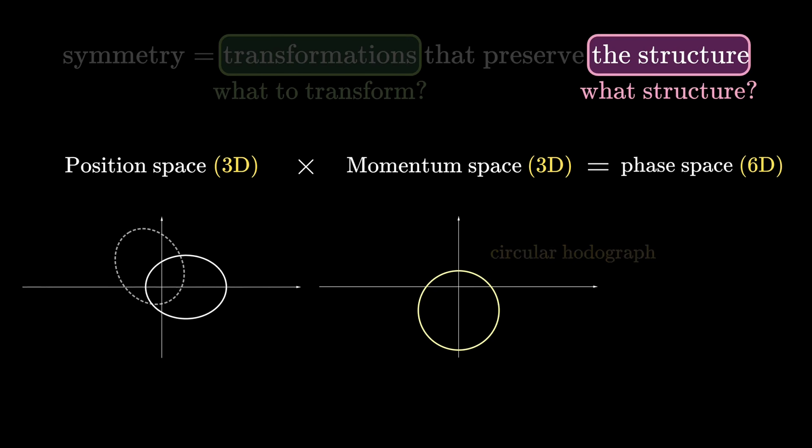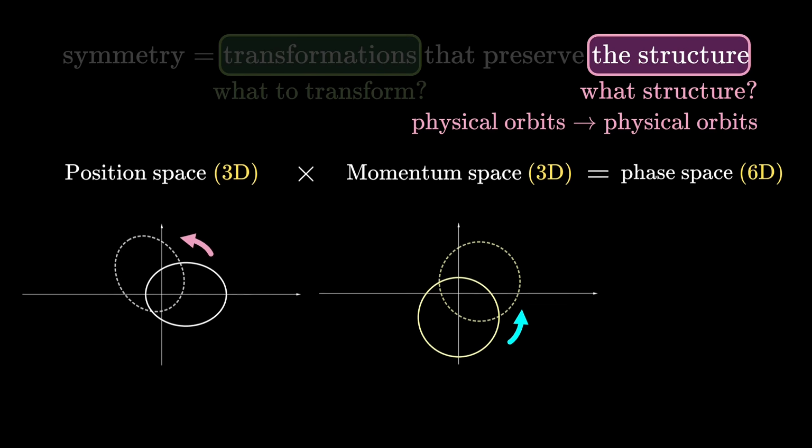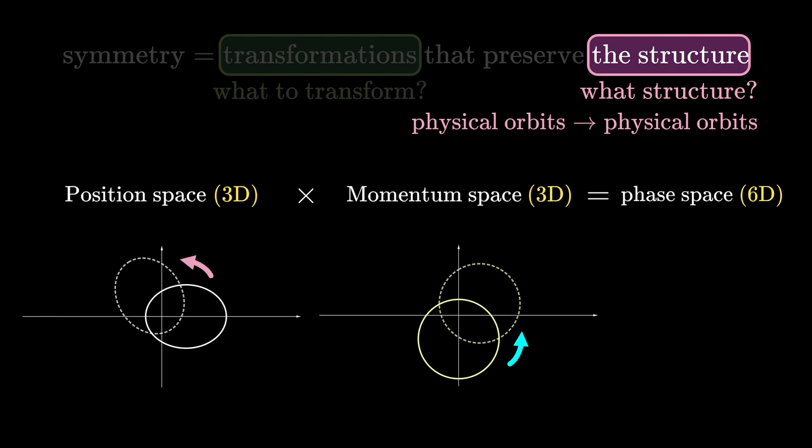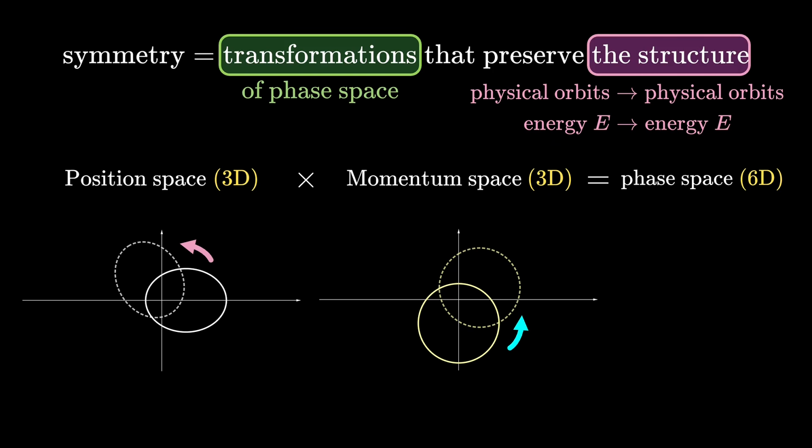We want the transformation to give us another set of points to form another physical orbit. But if we define it like that, there are too many symmetries, so we require the energy of the orbit to also be preserved. This is what symmetry means in this context, a transformation of the phase space which sends physical orbits with energy E to other physical orbits with the same energy.